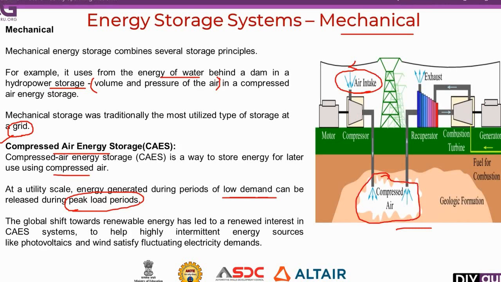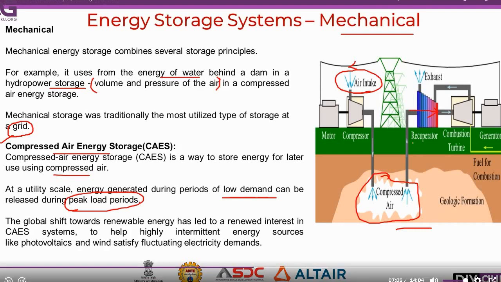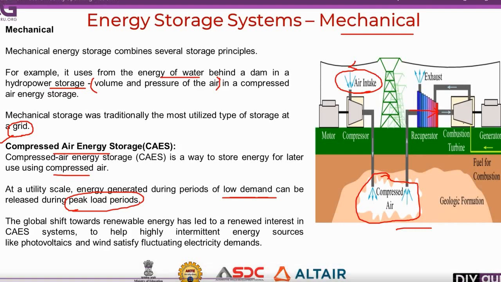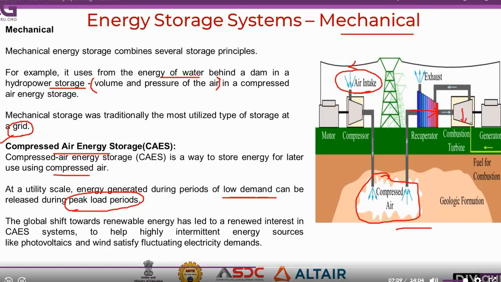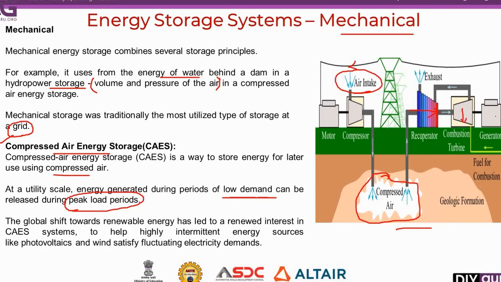When the demand increases, or during the peak demand, the compressed air is then released and sent to the turbine via the recuperator, and the turbine is made to rotate. When the turbine is coupled with the generator, it produces energy. Mainly, this type of system is integrated with renewable energy systems such as photovoltaic systems or fluctuating wind energy systems.